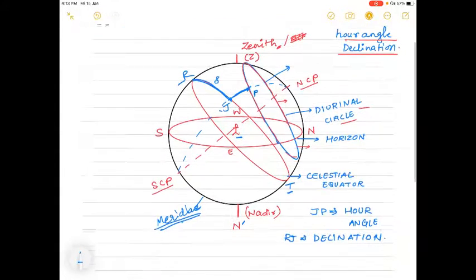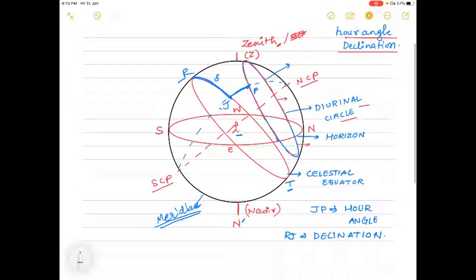Now if you observe, as the position of the star changes as it follows its diurnal circle or diurnal motion, the declination angle does not change. What is changing is the R angle of the star, as the star makes its diurnal motion.